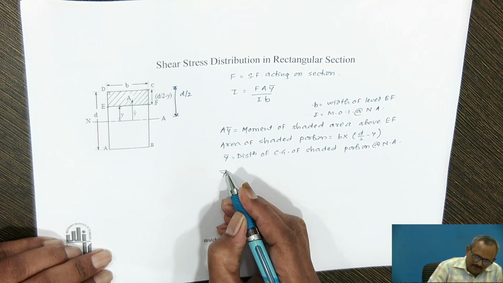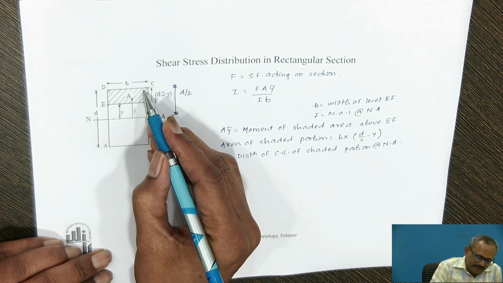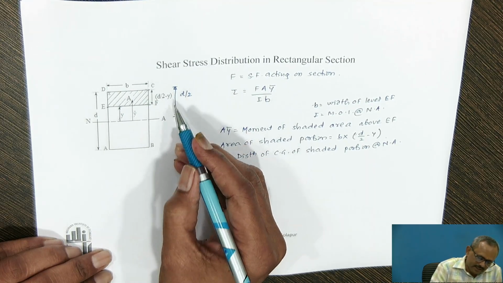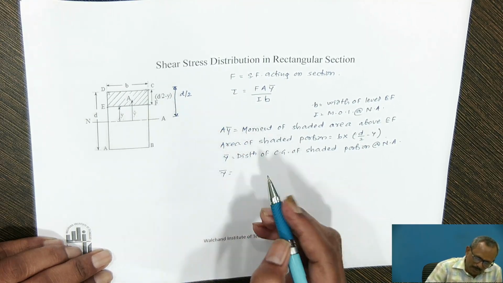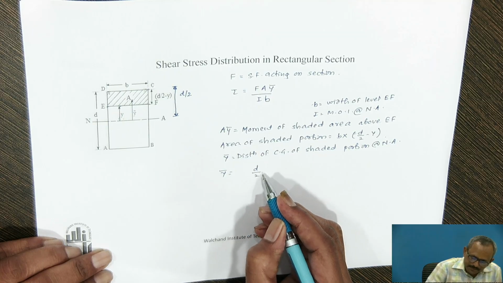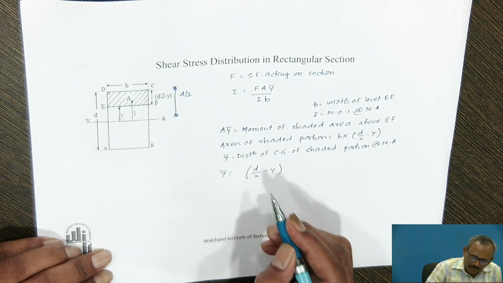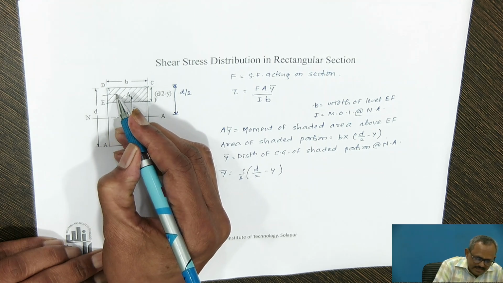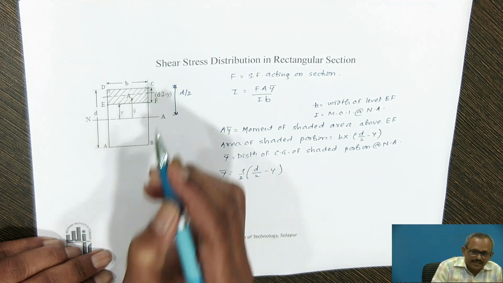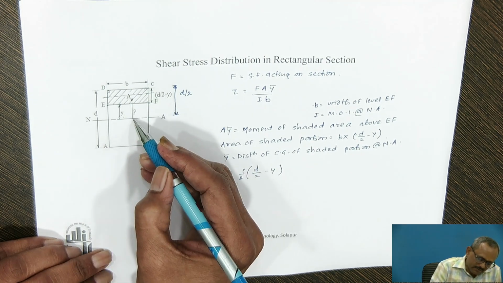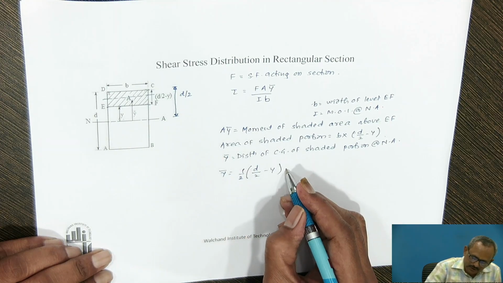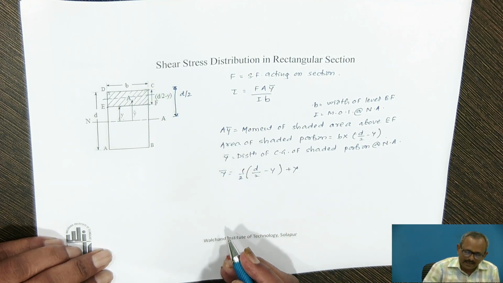First of all, I have to calculate the depth of the shaded portion, which is nothing but d by 2 minus y. Half of that gives the CG of the shaded portion, but we have to calculate this y bar from the neutral axis, therefore plus y.